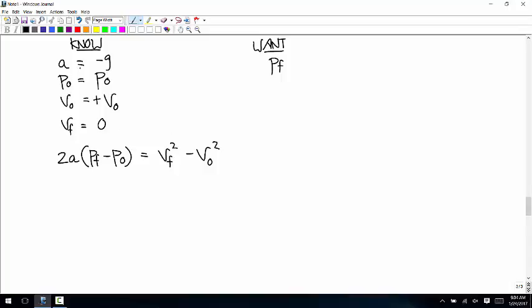And so the only thing we have to substitute, almost all of these stay the same name, except A is equal to negative G. And VF is 0.